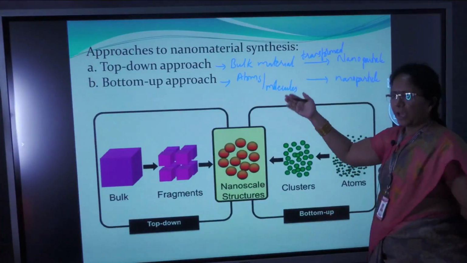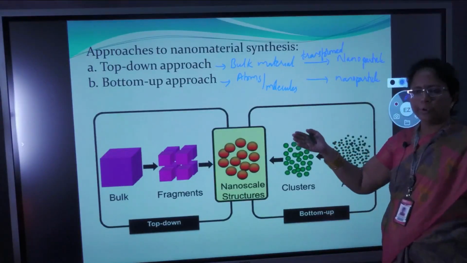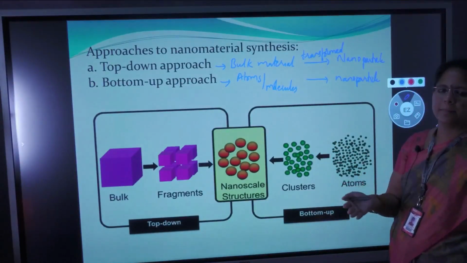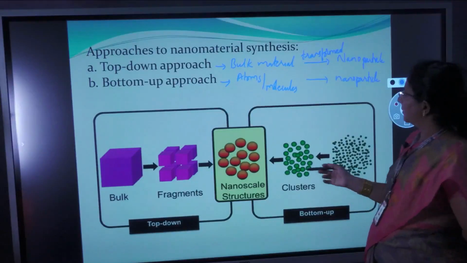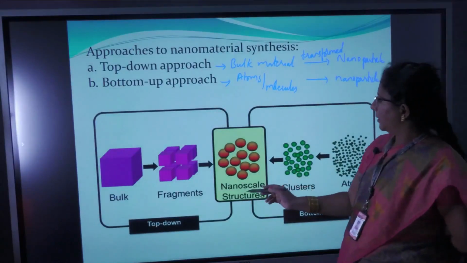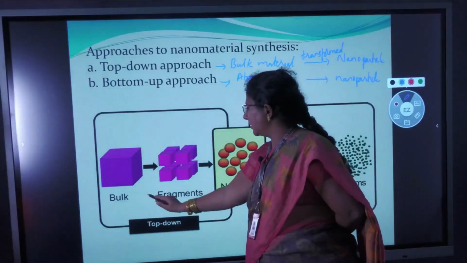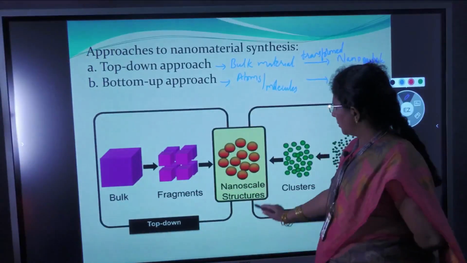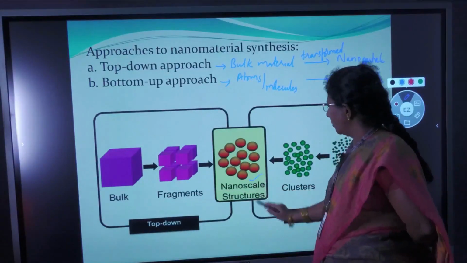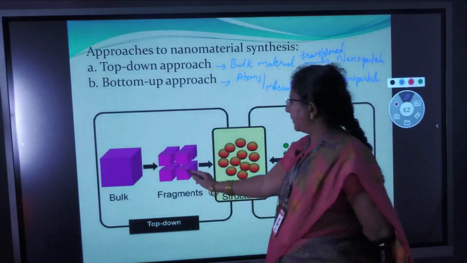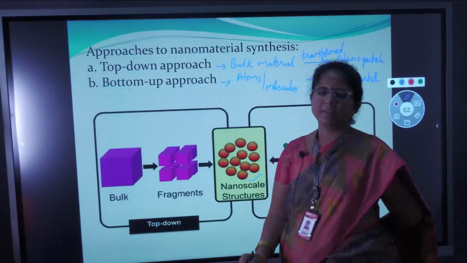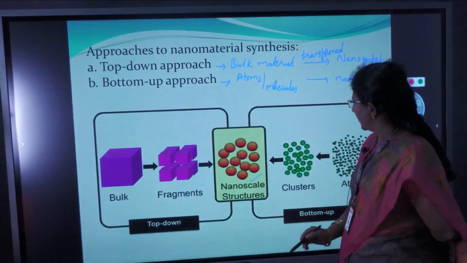We will be placing atom by atom, molecule by molecule or cluster by cluster. So see here. Top-down approach means, as I said, we will take a bulk material. That bulk material will be converted into nanostructure, by making it into fragments or by etching also we can do.